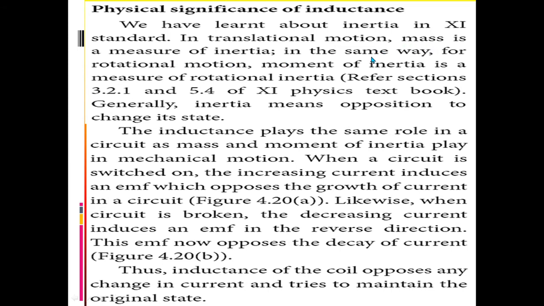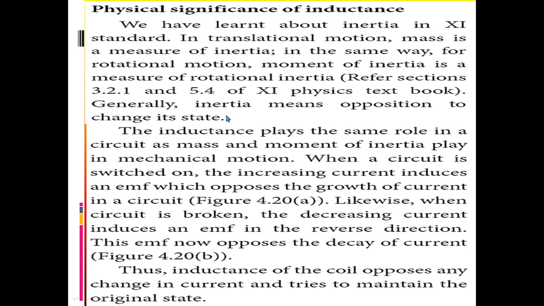In the same way, in rotational motion, moment of inertia is a measure of rotational inertia. Refer to sections 3.21, 2.1 and 5.4 of the 11th physics textbook.